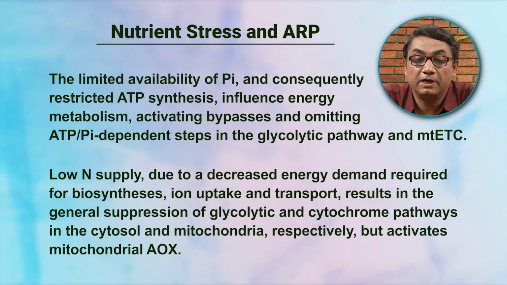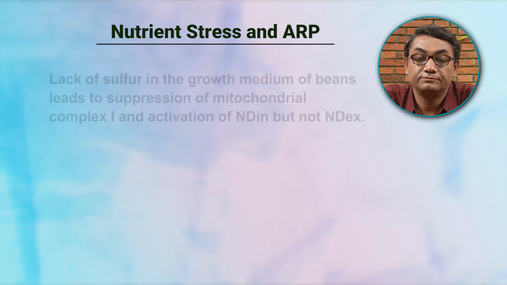Low nitrogen supply, due to a decreased energy demand required for biosynthesis, ion uptake and transport, results in the general suppression of glycolytic and cytochrome pathways in the cytosol and mitochondria respectively, but activates mitochondrial AOX.